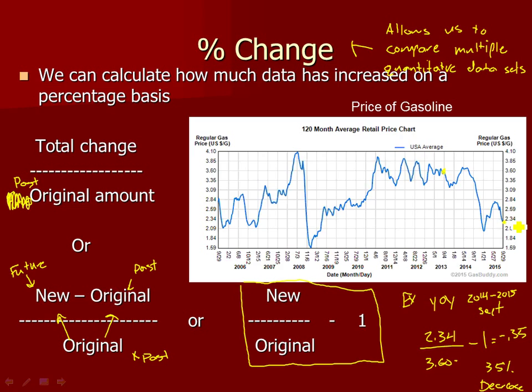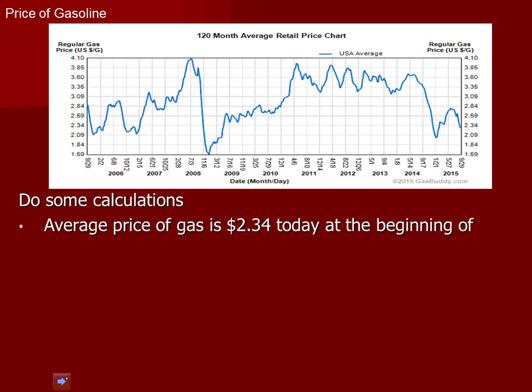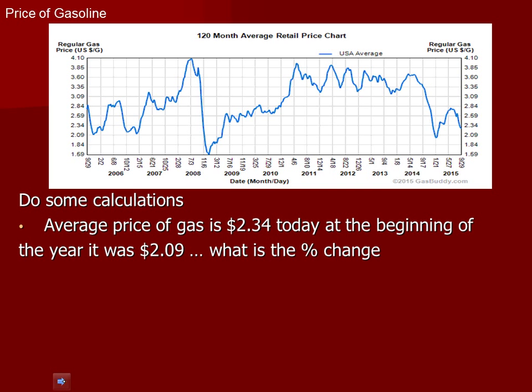Okay? You guys are going to do some calculations. That way I know you can do this. The average price of gasoline is $2.34 today. At the beginning of the year it was $2.09. What is the percentage change from the beginning of the year to now? Compare your answers with a neighbor once you get it.